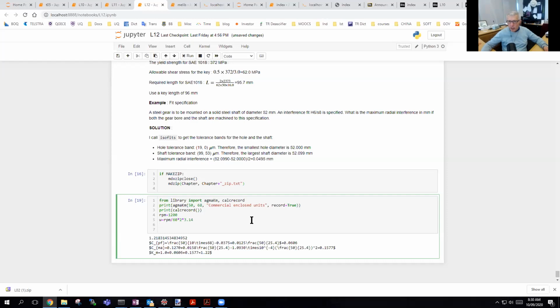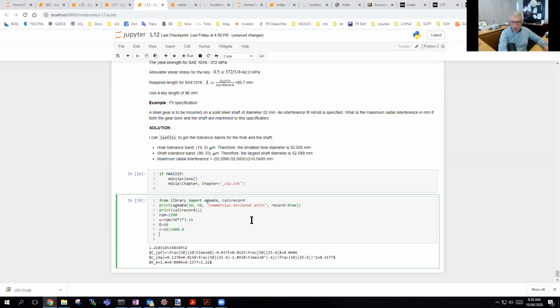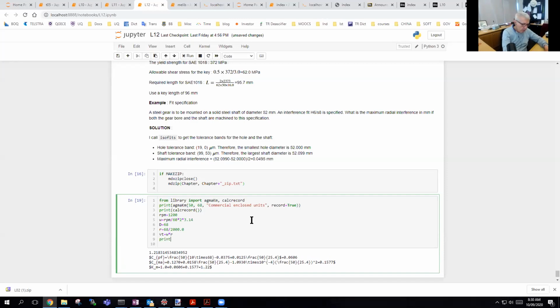The diameter, 68 is the diameter, isn't it? Yeah. 68 millimeters. So R is equal to, in meters, 68 divided by 2000. That's the radius. So linear speed is equal to omega times R, which gives 8.27.